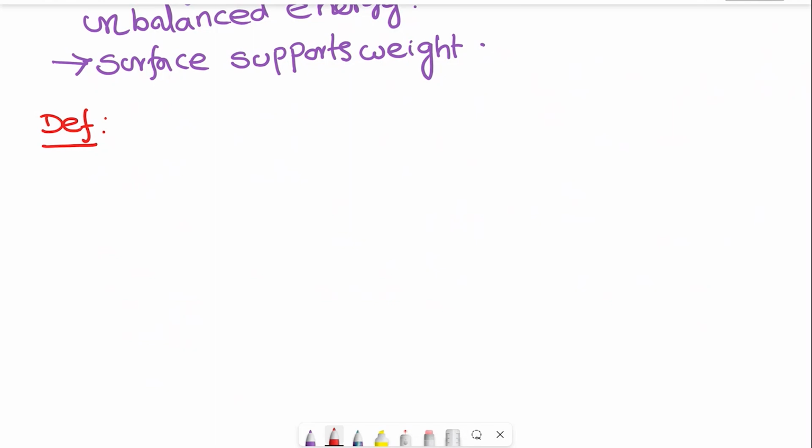Definition of surface tension, basic. What is surface tension?